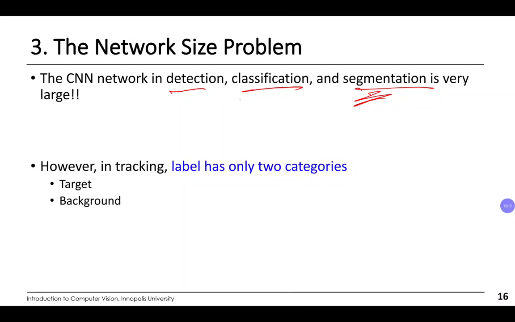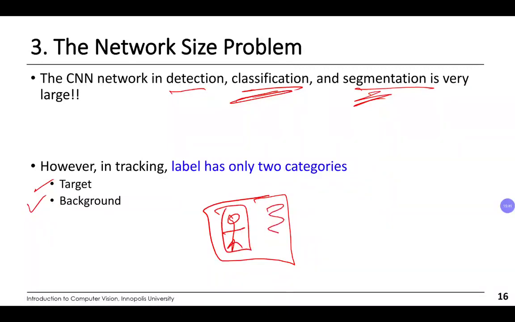And if you consider ImageNet, we have a lot of classes to classify. But in object tracking, we have only two categories: one is the target and the second is the background. Why just two labels? If this is your target, everything else you will consider as background.